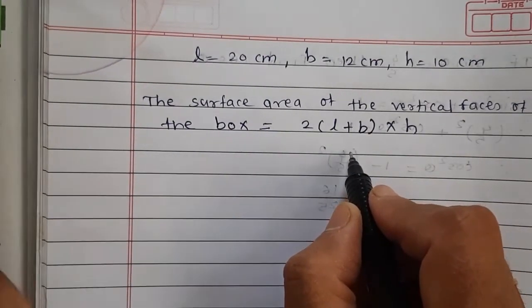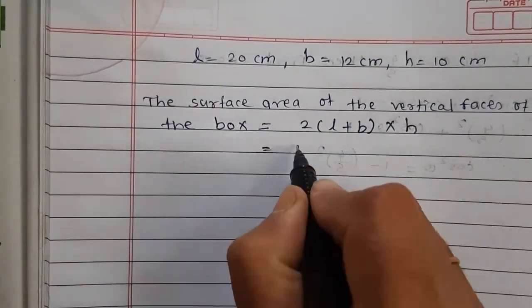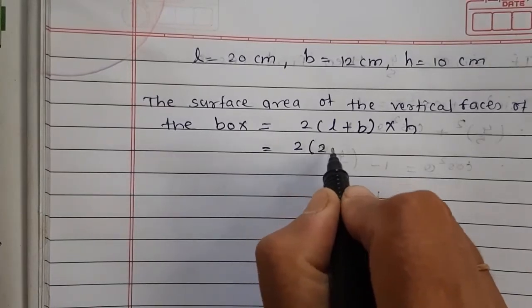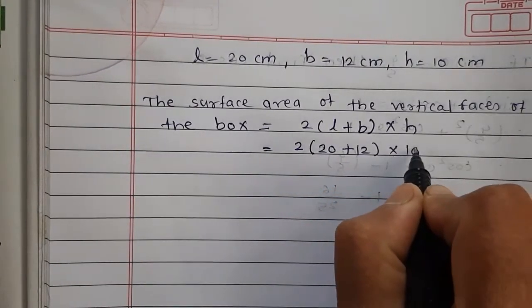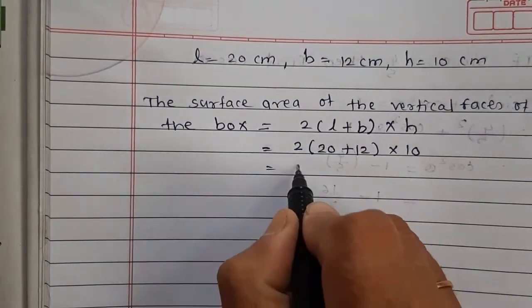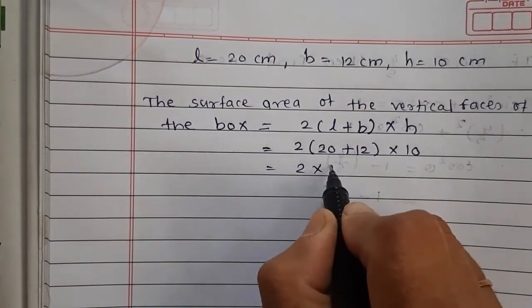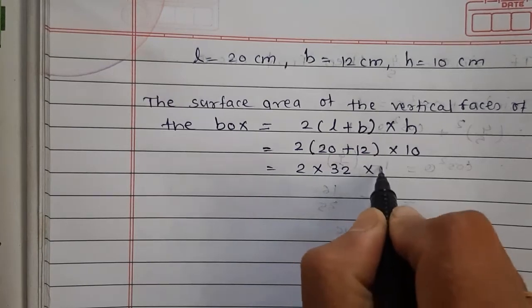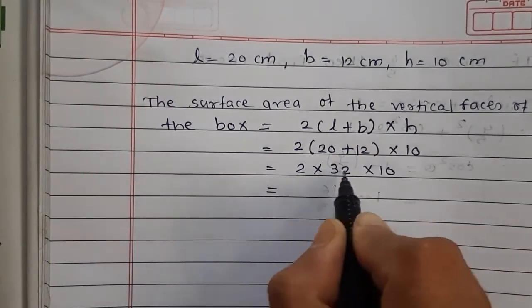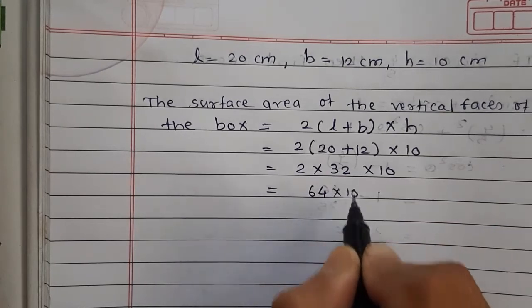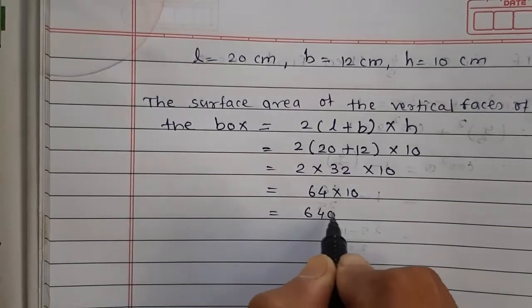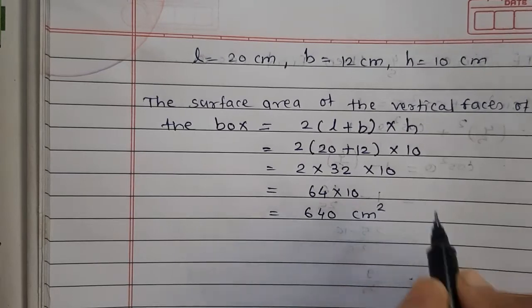Now we just substitute the values. 2, length is 20, breadth is 12, into height 10. So 2 into 20 plus 12, 32, into 10. Take the product of these two: 2 times 32 is 64, into 10. We'll get 640 centimeter square.